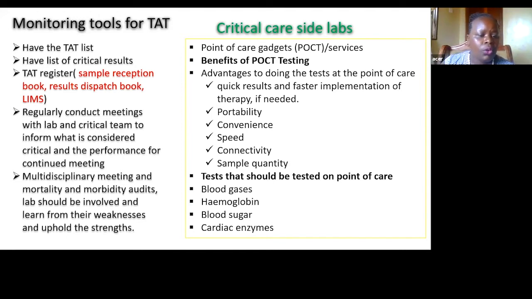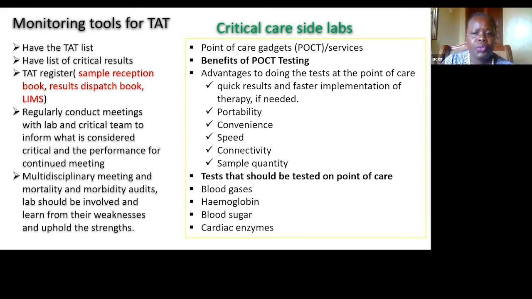During mortality and morbidity audits, the lab should also be involved, because these are learning areas for their weaknesses and for upholding their strengths. In the previous slides, we have seen what causes prolonged turnaround time, and one of them was equipment downtime.